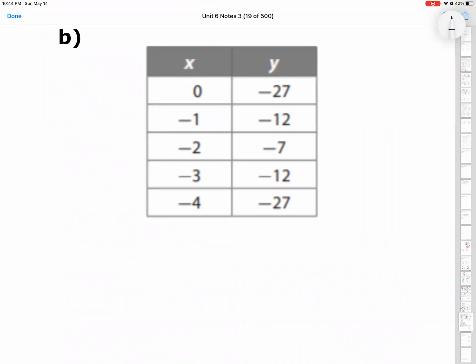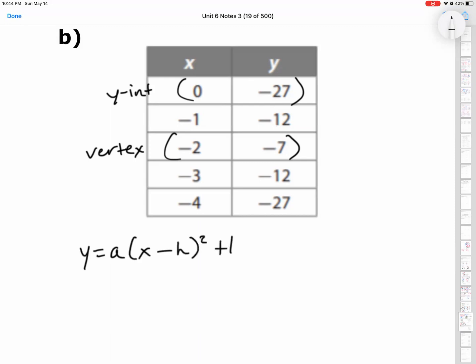All right, so as we look at this one, we notice that this is our vertex. And this is going to be our y-intercept. And so going ahead with vertex form, we end up with y equals a times x minus h quantity squared plus k.